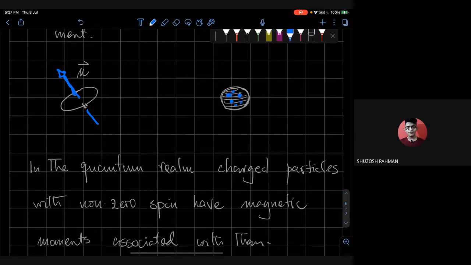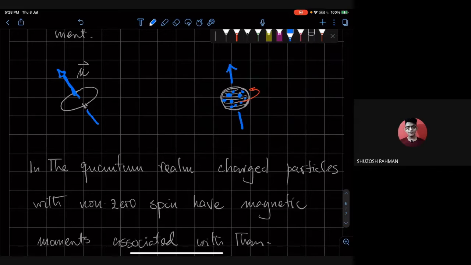This is not an accurate picture, but suppose you take a sphere with some distribution of charges on it, and you set the sphere spinning. Then you will have small currents going on the sphere, and therefore the sphere will have a magnetic field and a magnetic dipole associated to it.